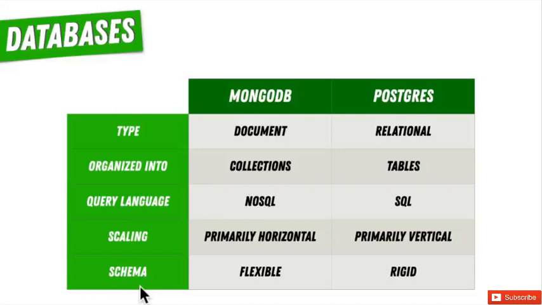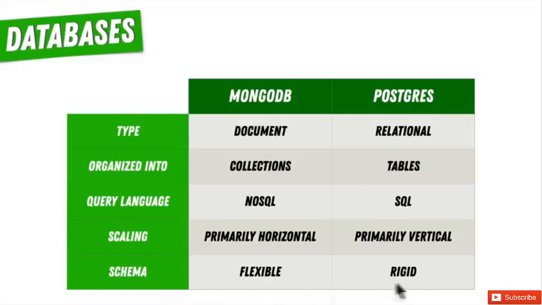For example, if we have a list of friends being tracked in our database, our schema would say that a friend always includes a first name, a last name, phone number, and maybe a location. This gives us the advantage of having our data be predictable and structured, which makes it easier to work with.